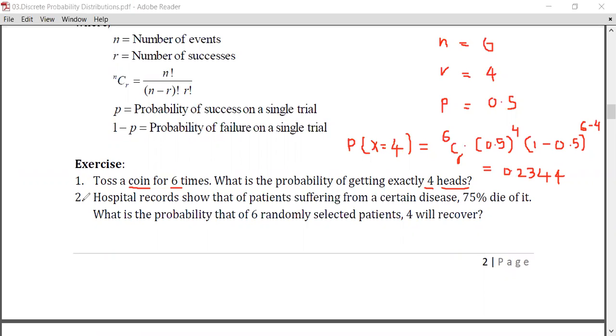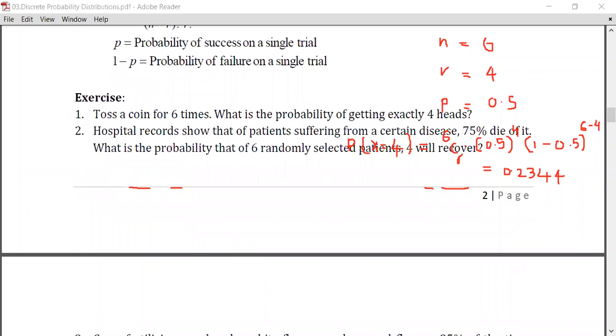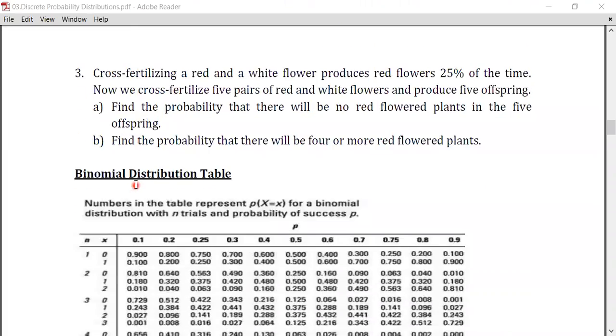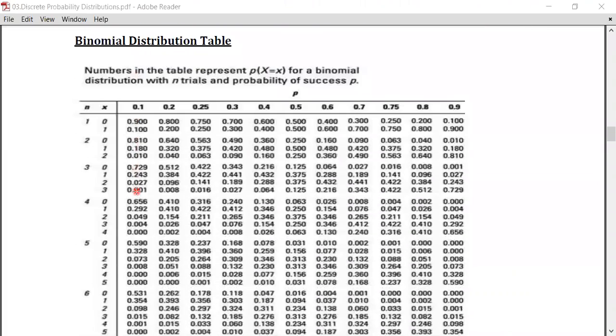Likewise, you can go through the second one also. Moving further, this is the binomial distribution table. When we are discussing the binomial distribution, I told you that you can use a formula to calculate the probability value. But using the formula is not the only way of calculating probability values with the binomial distribution.